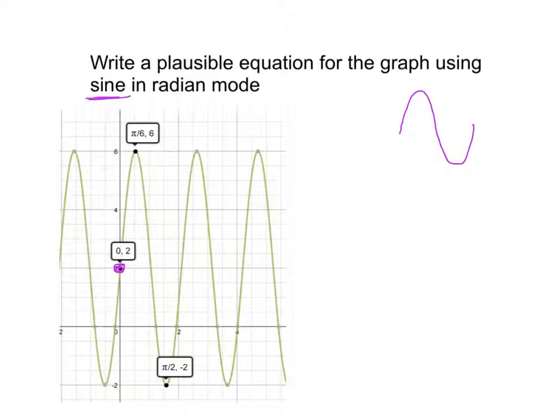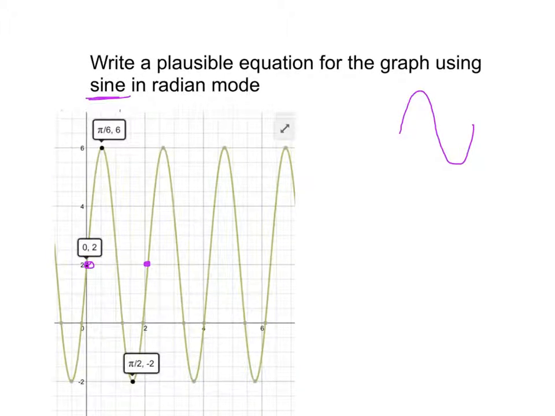So I want to first think about what's one oscillation of that sine graph. Where does it end? It looks like it ends about right there. And actually, I'm going to pull in a little bigger picture. I want a better picture of this, so hold on for a second.